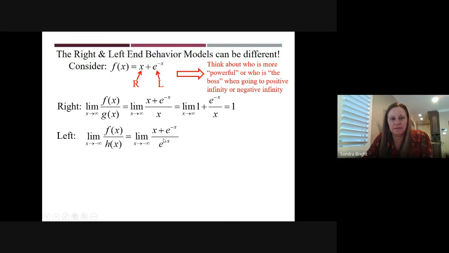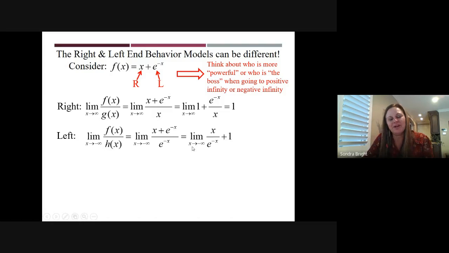Splitting it up, x over e to the negative x, and e to the negative x over e to the negative x, which is just a 1. Okay, so let's come over here.